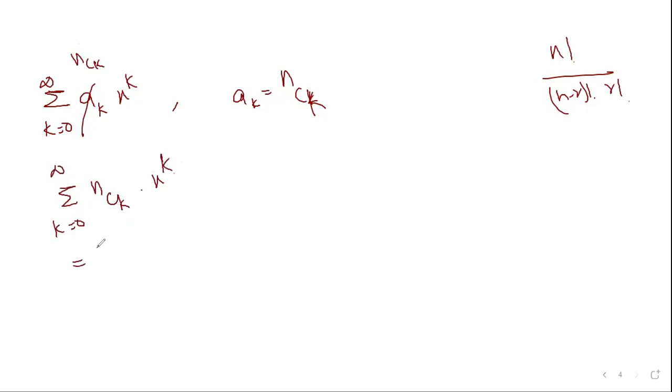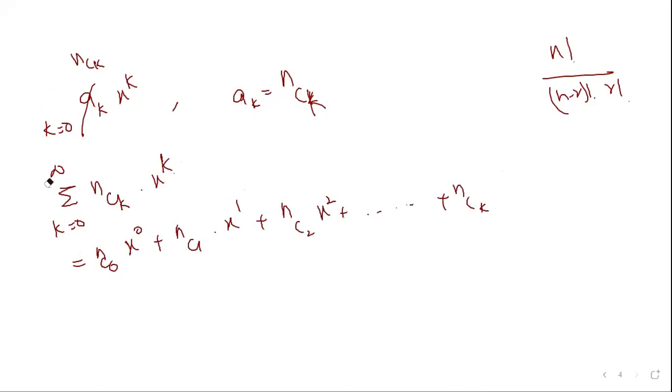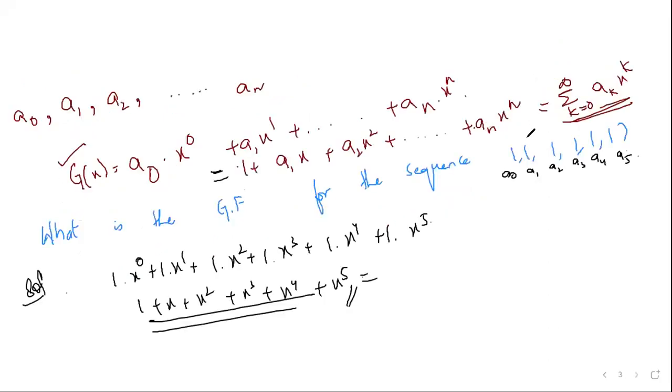Now if I expand it, it will be nC0 x power 0 plus nC1 x power 1 plus nC2 x square and so on up to nCn. Here instead of infinity I need to have n, so k is equal to 0 to n, because we had only n terms.